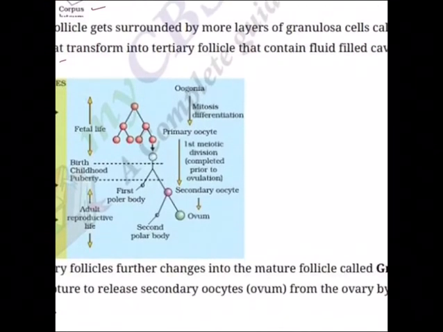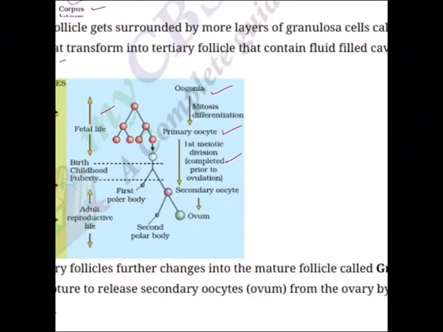So here you have to maintain the chromosomal number. So in fetal life, as we said, oogonia, mitosis, differentiation will take place. The primary oocyte will undergo the first meiotic division, and the first meiotic division will reduce the number from 46, so we are calling it reduction division.